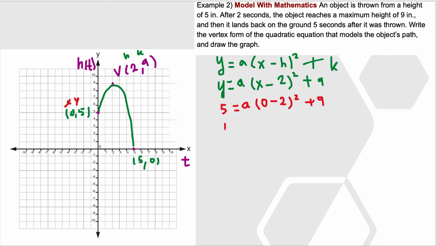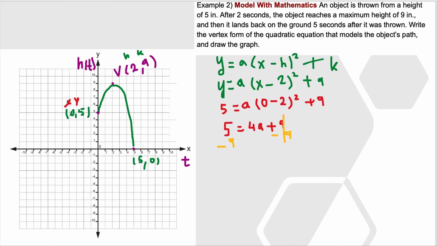So here is a 5. This doesn't have any changes. But here 0 minus 2 is minus 2. 2 squared is 4. So it means 4a, plus 9. So what I'm doing here, minus 9 on both sides. I'm going to use minus 9 on this side and minus 9 on the other side. And this cancels.